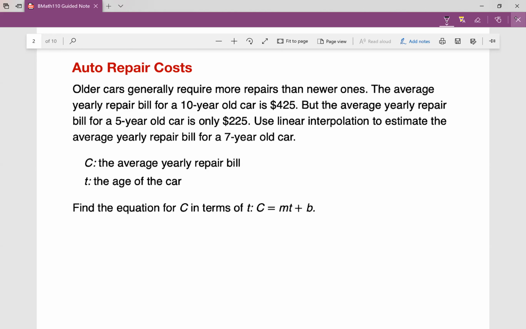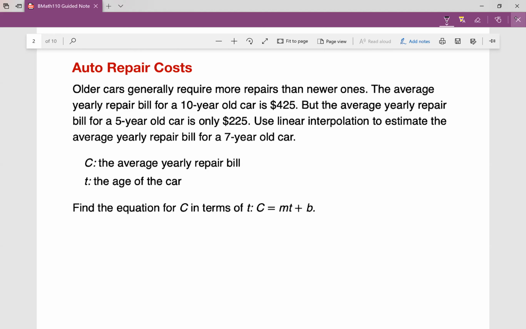Okay, so they notate for us already: C is the average yearly repair bill, and T is the age of the car. So we want to find the equation for C in terms of T. It looks like C equals MT plus B. So this is like a linear equation, right?